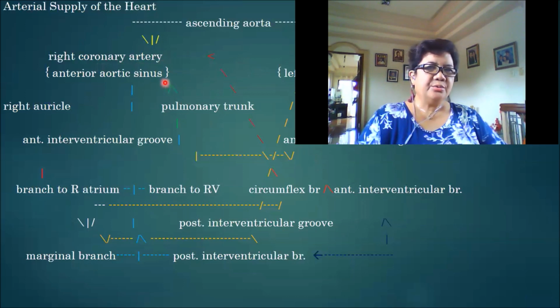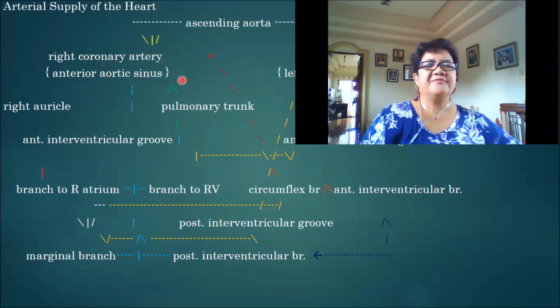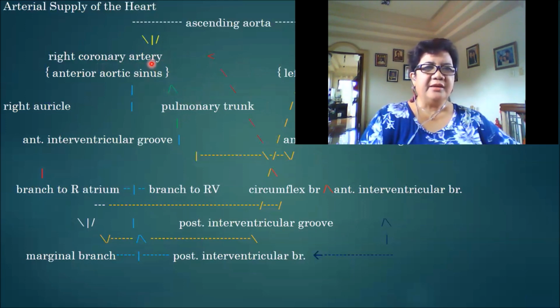So lucky you if you have an infarction that involves only a small artery, because it can be compensated by this anastomosis.